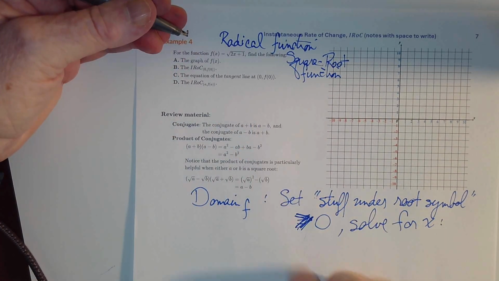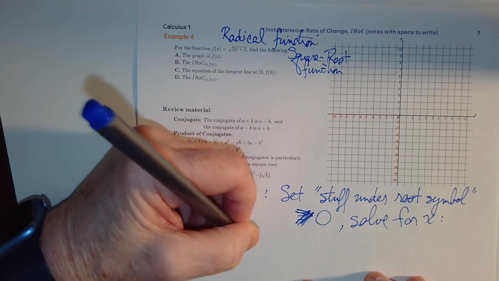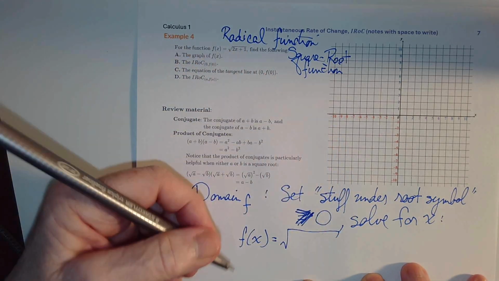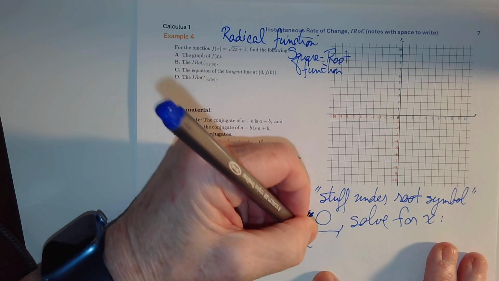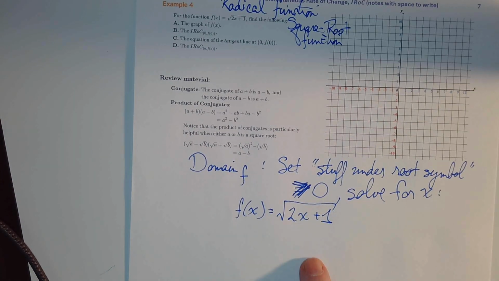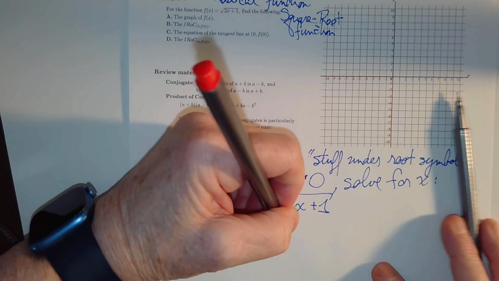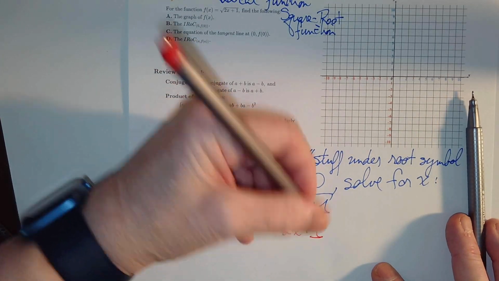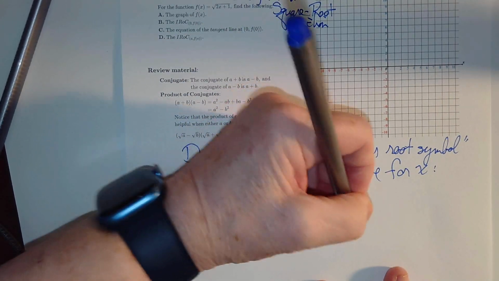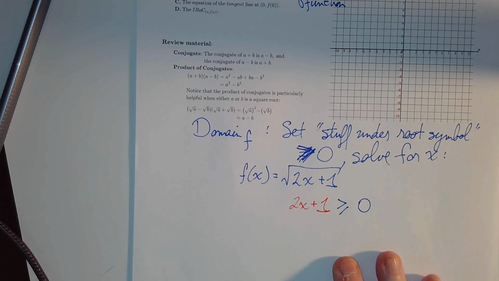Well, this function, we have f of x is equal to the square root of 2x plus 1. So the stuff under the root symbol, that's just 2x plus 1. And we want to set that greater than or equal to 0.